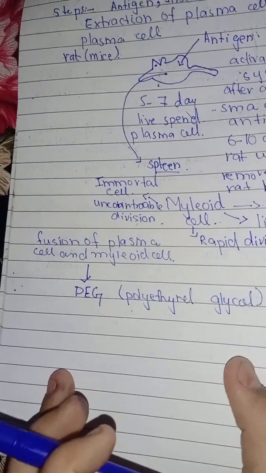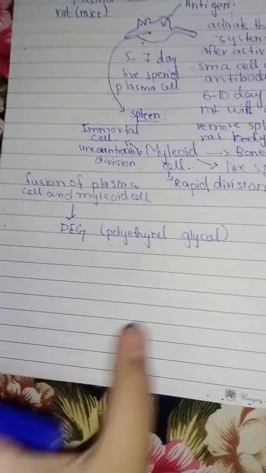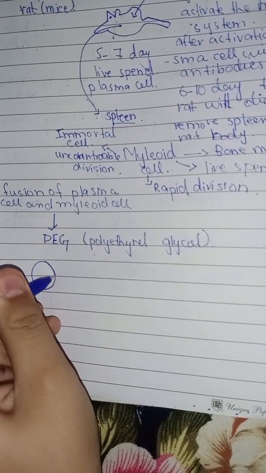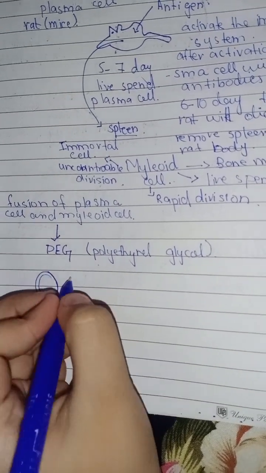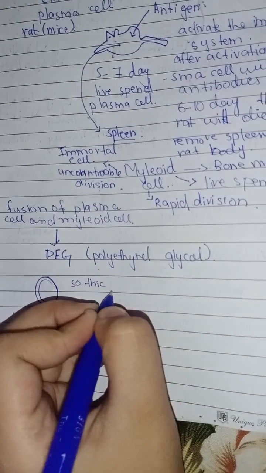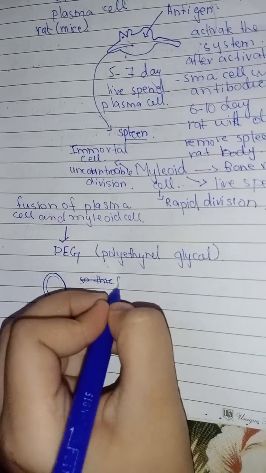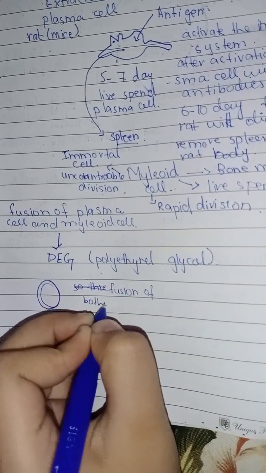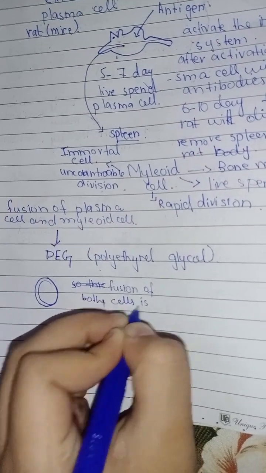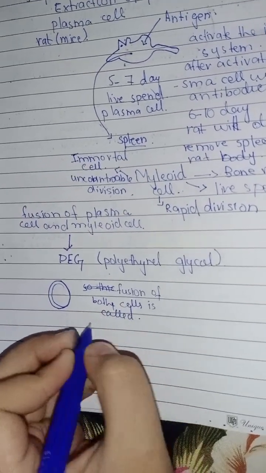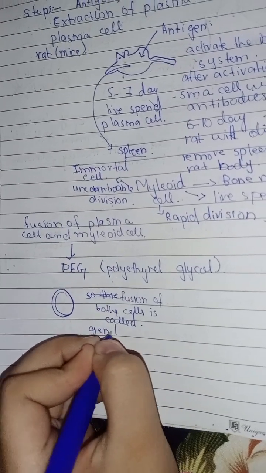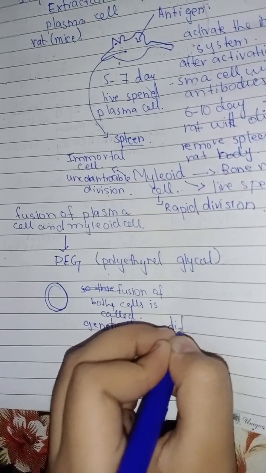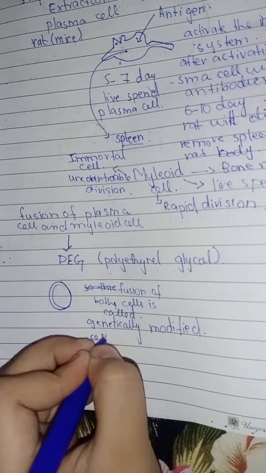So hopefully until here it is clear to you. When these both cells fuse together, like here both cells are fused together, the fusion of both cells is called a genetically modified cell.